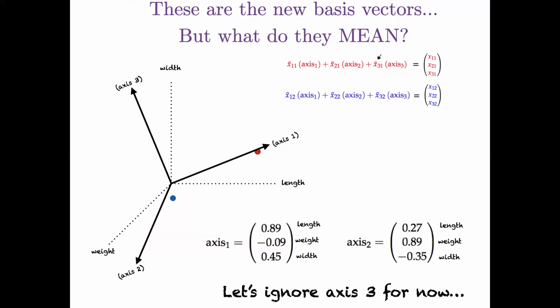So bye-bye. What that essentially means, though, is that I just change these coordinates corresponding to axis 3. I'll just change them all to 0. And then they'll go away. They will move out of my life forever. Okay, so now I don't have axis 3 anymore. I just have axis 1 and axis 2.